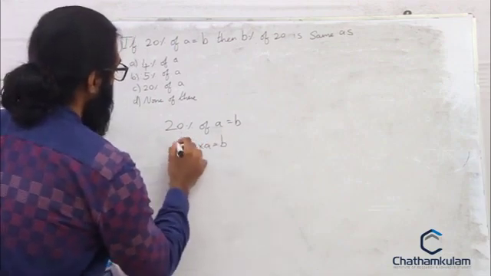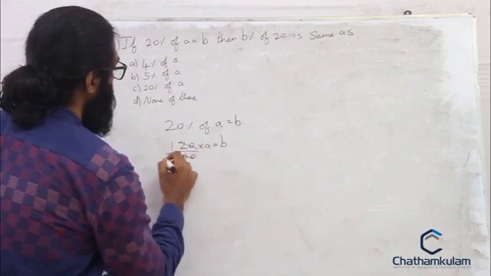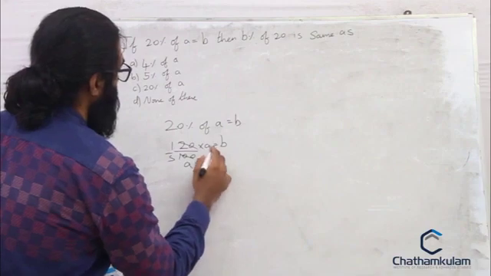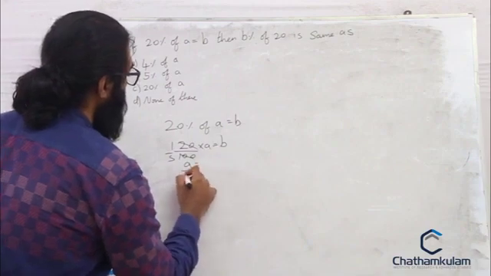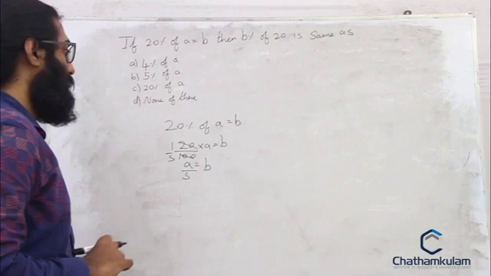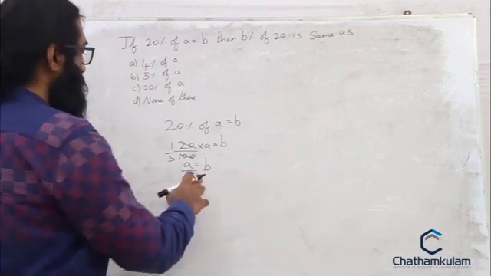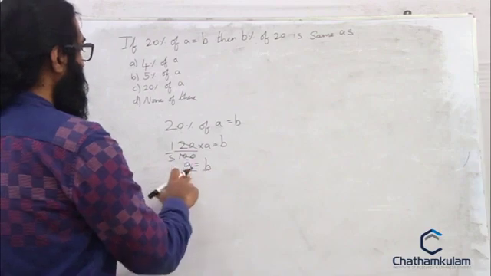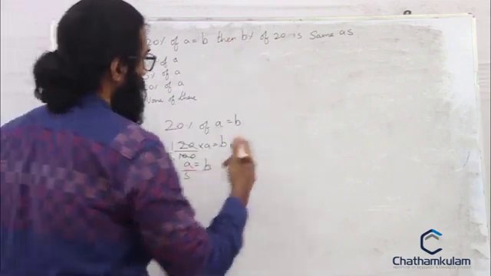So 20 by 100 is 1 by 5, therefore A by 5 equals B, right? So we substitute the value of B, that is A by 5, in the second equation.